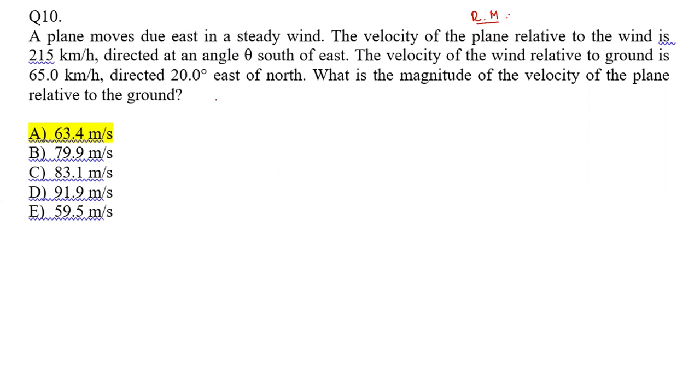Read the problem carefully. A plane moves due east in steady wind. The velocity of the plane relative to the wind is 215 kilometers per hour, directed at an angle theta south of east. So let me draw.